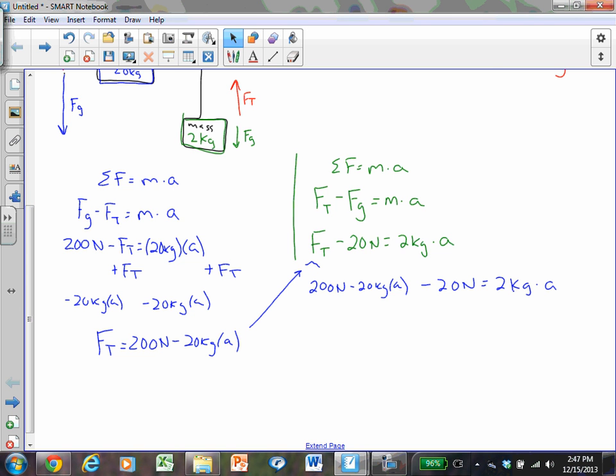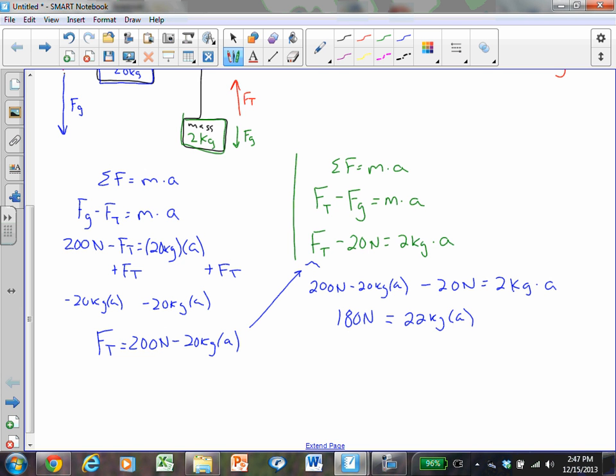Okay, so let's try to clean this up a bit. 200 minus 20 is 180 newtons. Add the 20 a over. We get 22 kilograms times a. 20 kilograms a plus 2 kilograms a is 22 kilograms a.